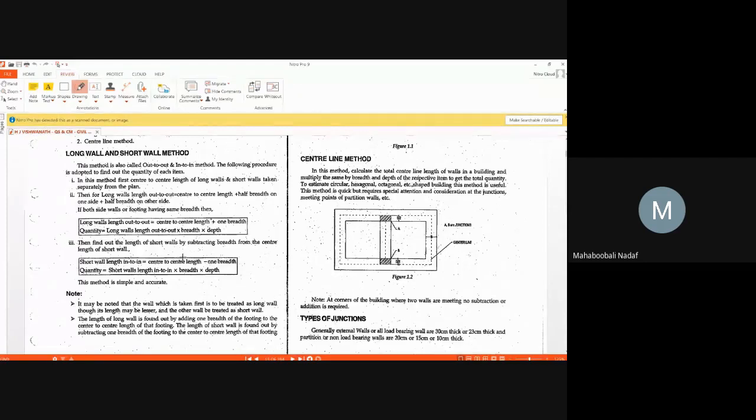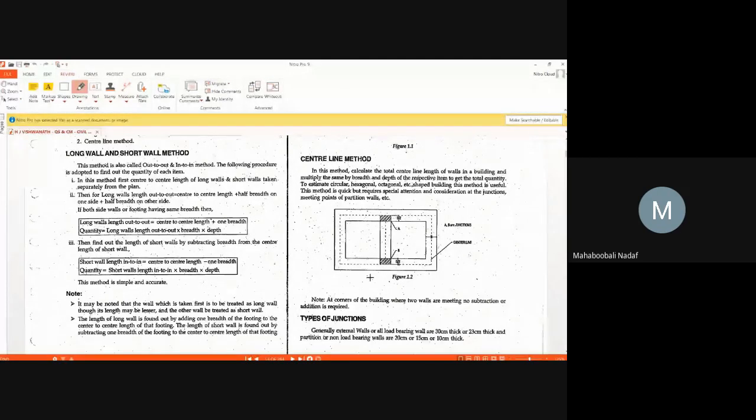So generally it is like this, the long wall, short wall method. In the center line method, you are going to calculate the center to center length and multiply with the dimensions like breadth and depth, simply like that. In that, there is one correction. Whenever there are interjunctions, whenever some walls meet other walls, you will develop junctions.